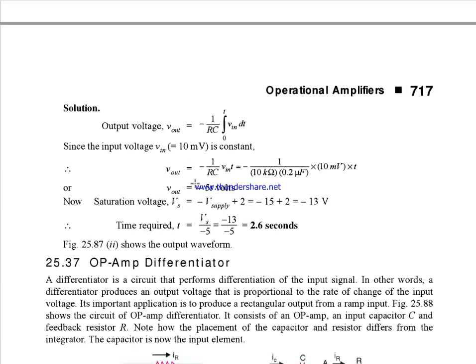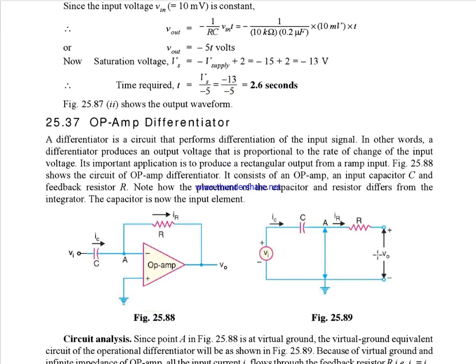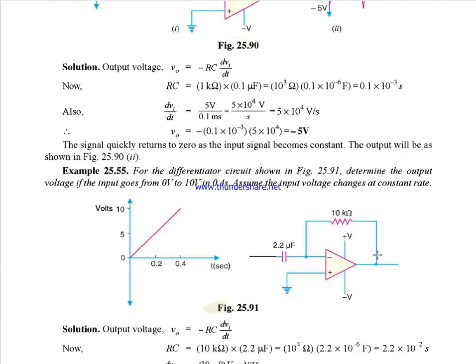It can be plus 13 or minus 13; I am taking it as 13 volt. Then applying all the other equations, minus 1 by RC V in, we will get the value of T, and T is 2.6 second. Clear? So these are the problems related to integrators.